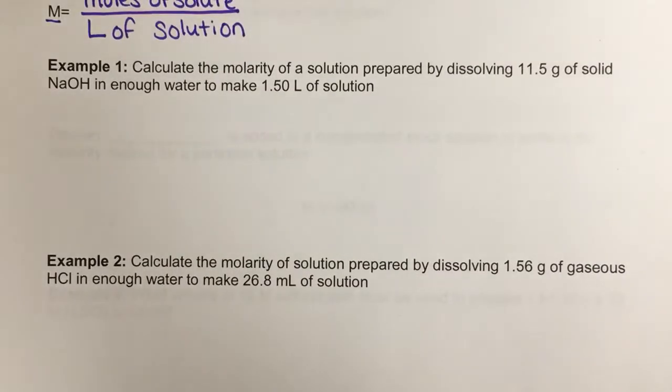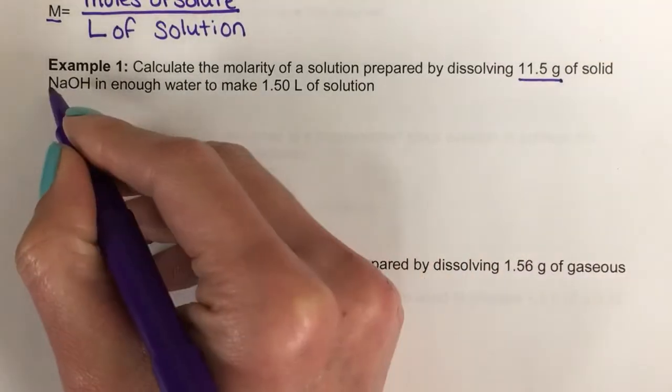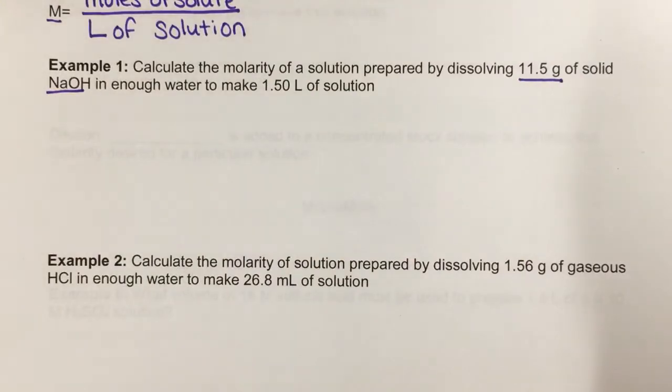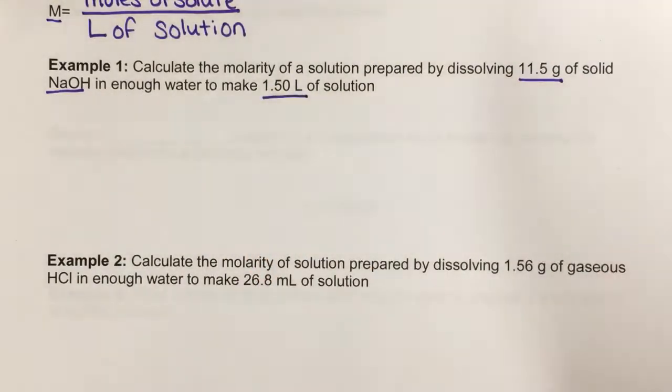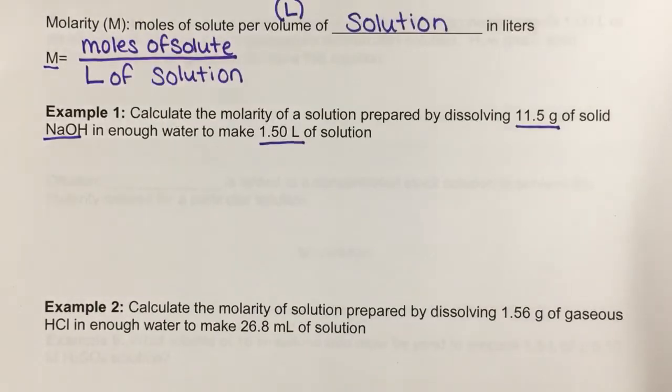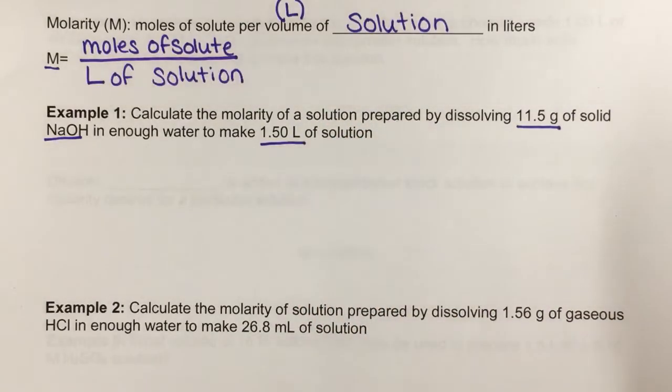So here's the way that this would work. Calculate the molarity of a solution prepared by dissolving 11.5 grams of solid NaOH in enough water to make 1.50 liters of solution. Well, I want moles per liter. I have liters, but I don't have moles.